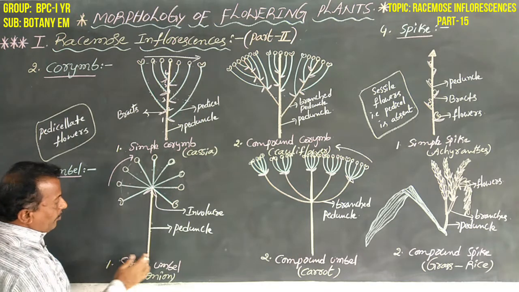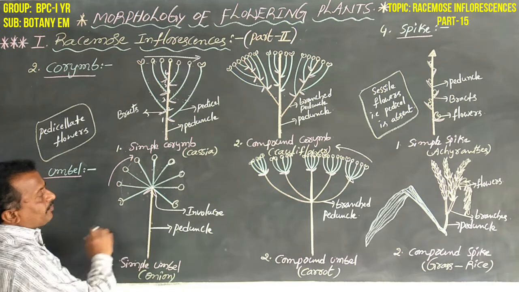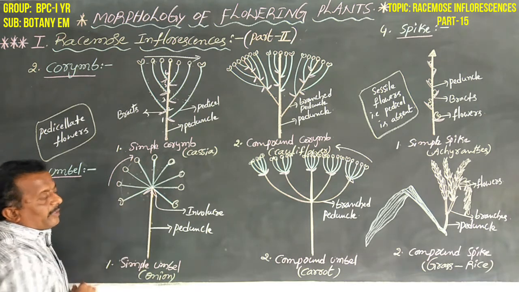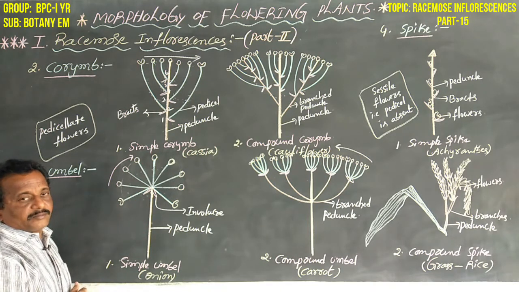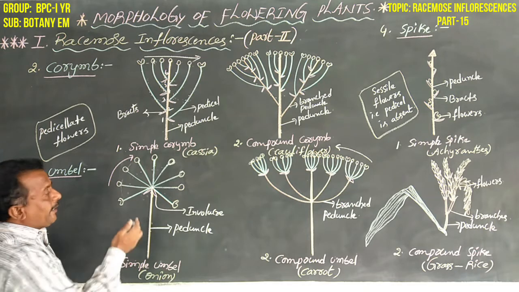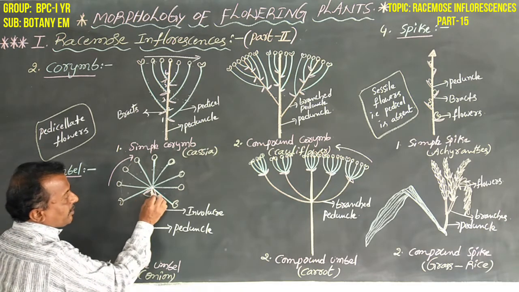That is simple umbel. But here it differs: only the bottom or lower flowers contain bracts. These bracts are arranged in one whorl-like structure.